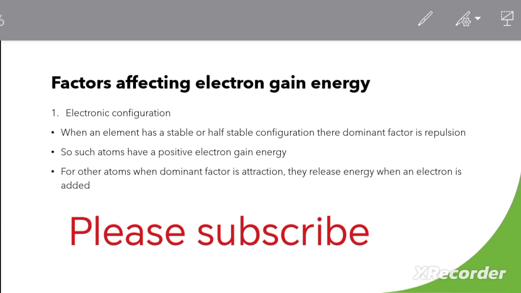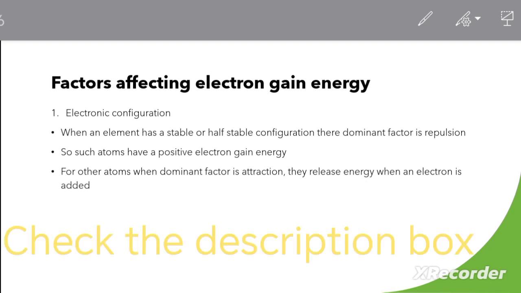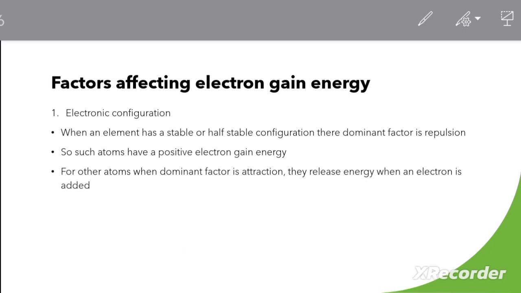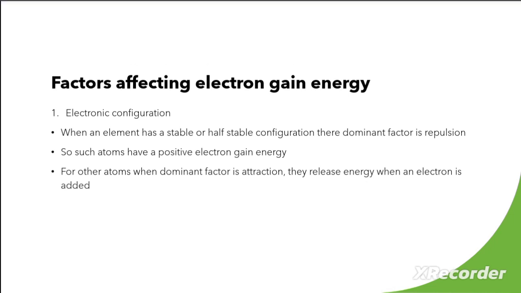Factors affecting electron gain energy. The first factor is electronic configuration. Here we should consider whether the atom has a stable or half-stable electronic configuration. If an atom has a stable or half-stable configuration, it does not like to take any more electrons because it harms their stability.